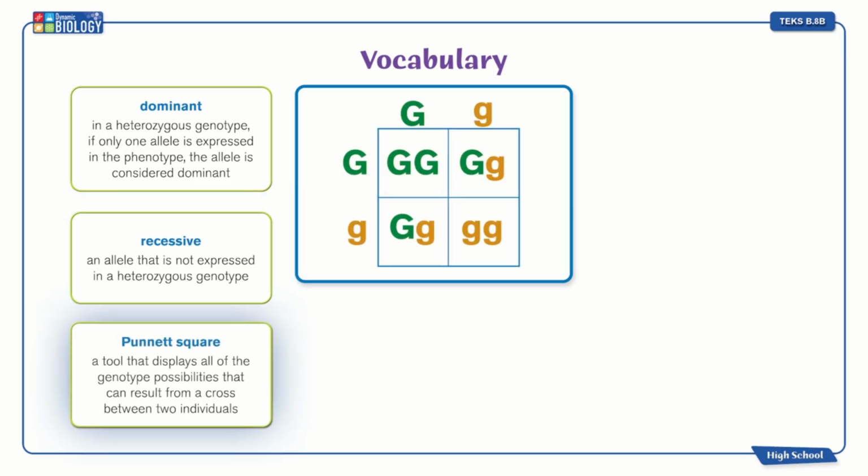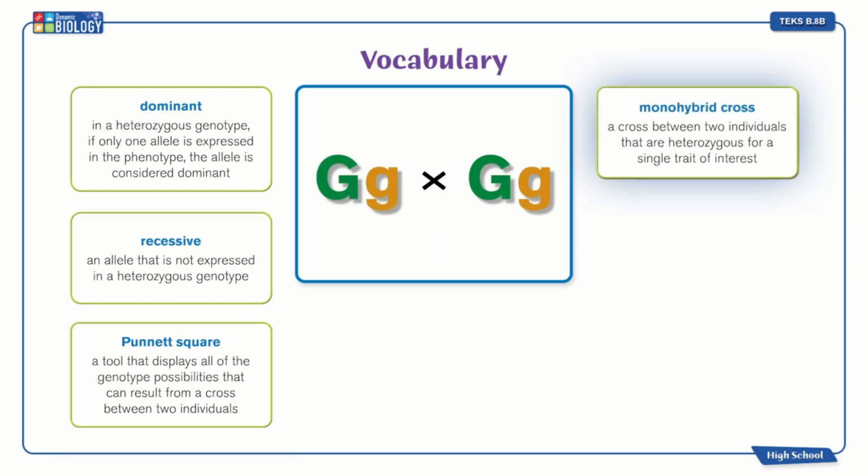A Punnett square is a tool that displays all of the genotype possibilities that can result from a cross between two individuals. A monohybrid cross is a cross between two individuals that are heterozygous for a single trait of interest.